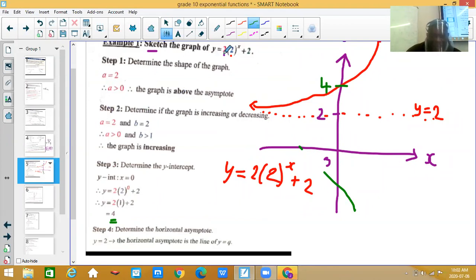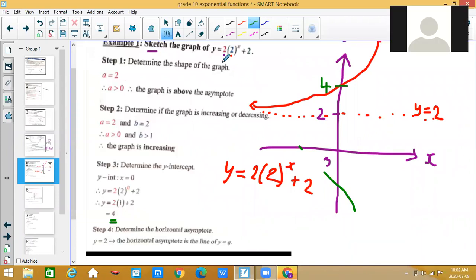This one will help us to say, yes, if this one is positive, the graph will go above the line of asymptote. If this first, the red one, is negative, the graph will go below the line of asymptote. This is the one that you analyze to see whether it is above or below. You use this A. All right, you are clear now?